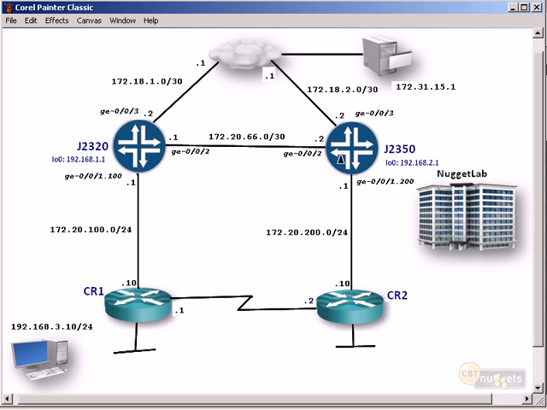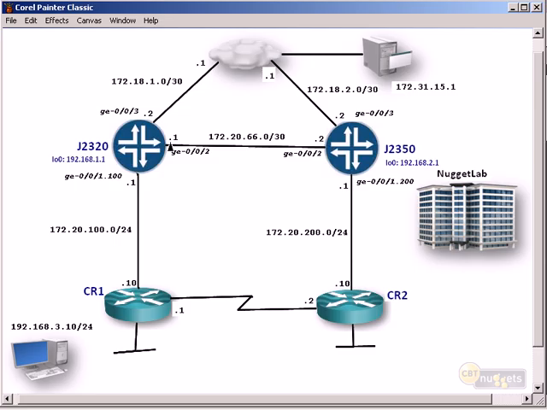Then I want to create on the 2350 a static route to the loopback address over here 1.1 with the destination being gigabit 002 here, or 172.20.66.1. Okay, and as far as static routing goes, that's going to be the main hurdle you have for the JNCIA exam.